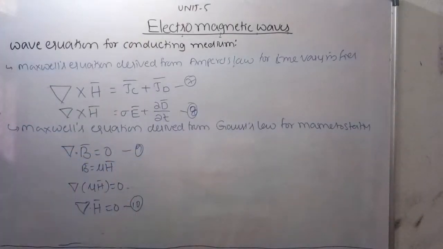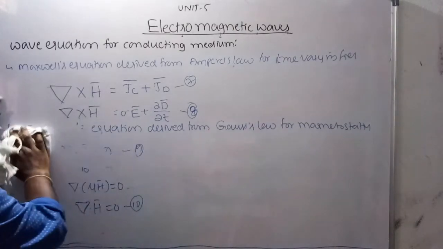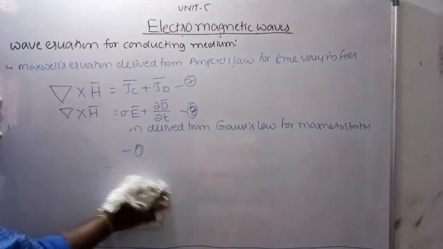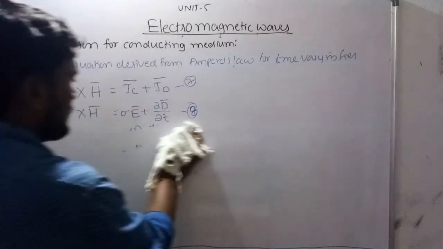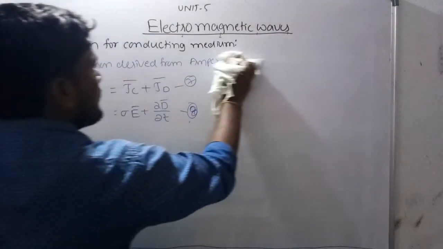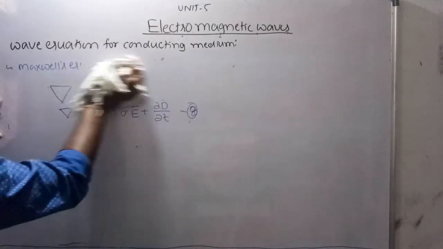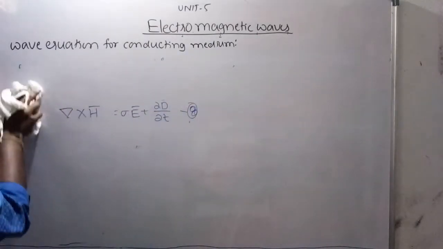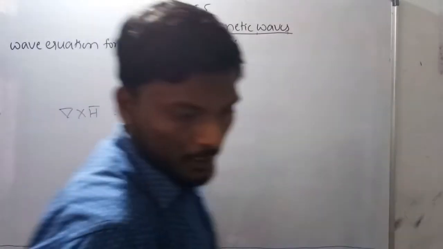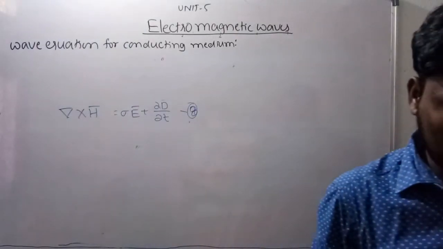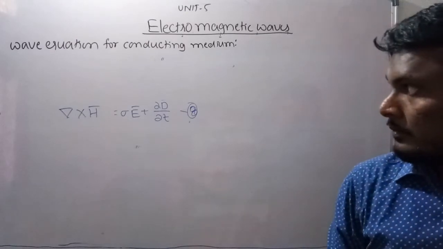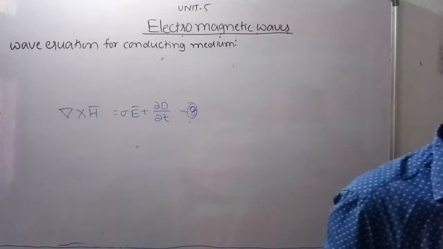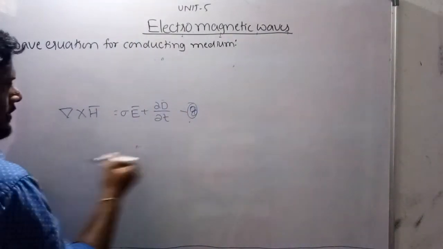In the next step of deriving the wave equation, apply the curl operation on equation 8. First modify this equation 8.